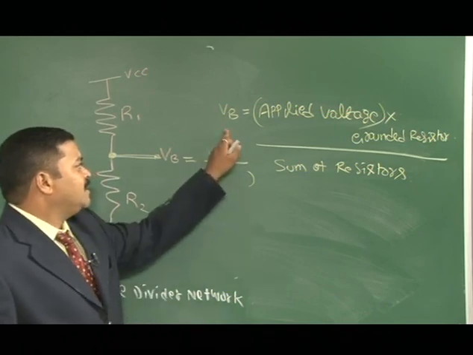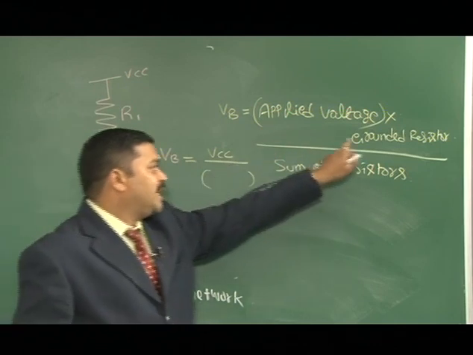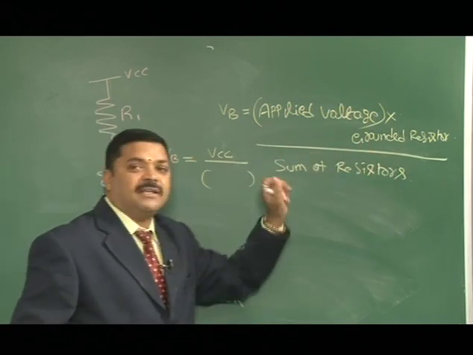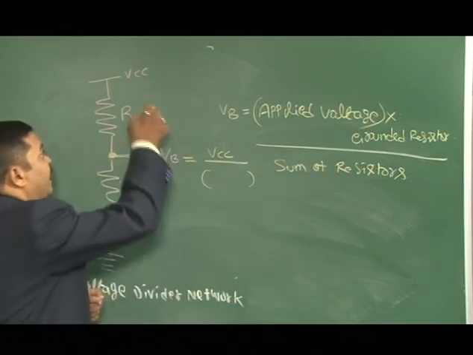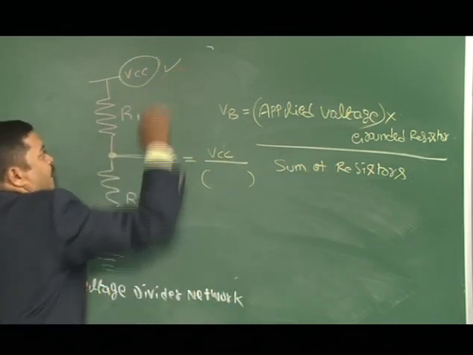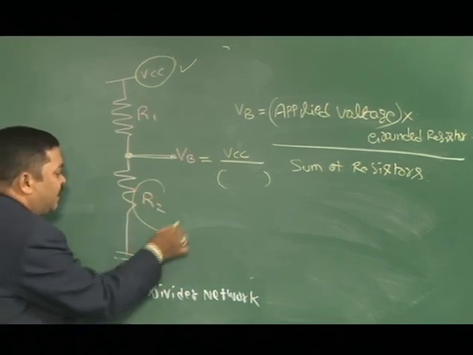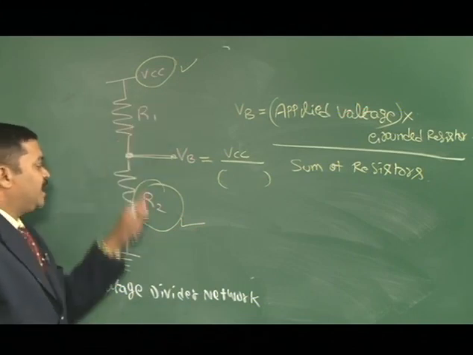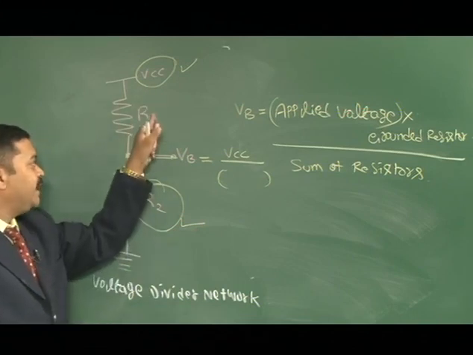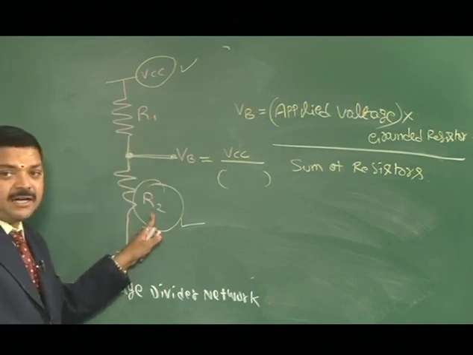So VB is given by a simple formula here: applied voltage multiplied by grounded resistor divided by sum of resistors. Here the applied voltage is VCC and the grounded resistance is R2. These two we need to multiply, and we have to divide that multiplied value by the sum of R1 and R2.